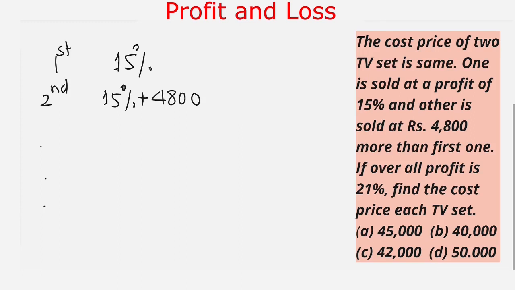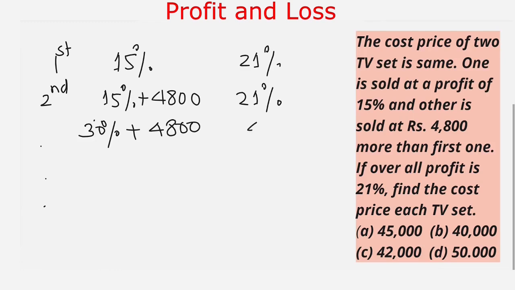It means that if we distribute the profit, then the first also has 21% profit and the second also has 21% profit. If we add the two sides of the profits, then this will be 30% plus 4,800, and this is 42%. It means 12% equals 4,800.